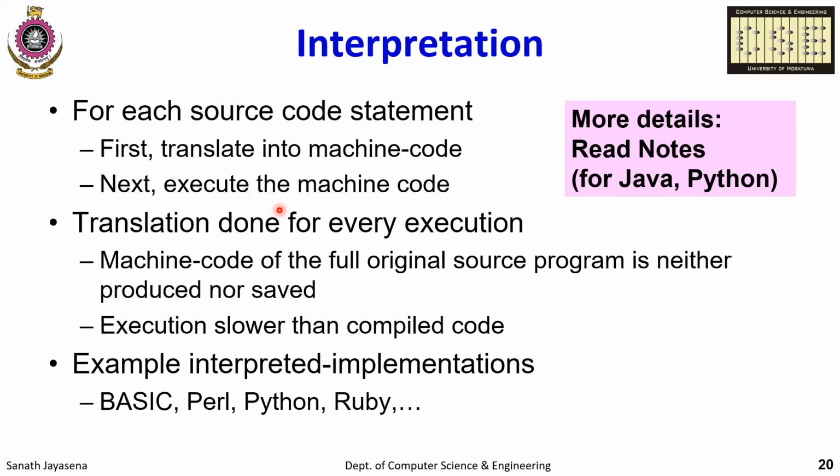To give you an idea about Java, Java programs are first compiled using a Java compiler. So compilation happens first. But the result of the compilation is not machine code that is understood by a particular hardware. What is produced is another code called Java bytecode.